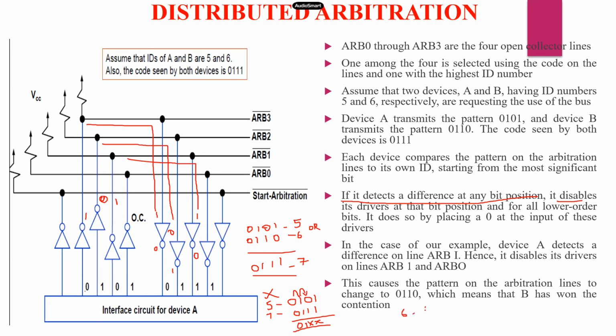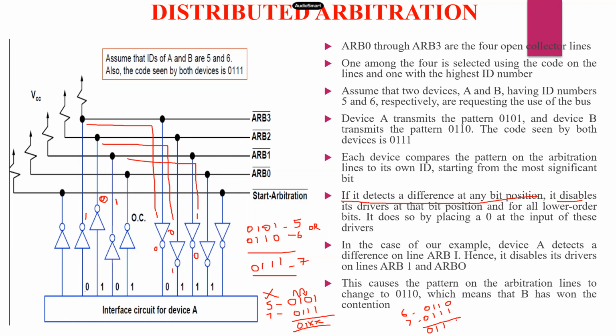The next one is 6, which is 0110, and 7, which is 0111. Comparing them, 0 and 0 are the same, 1 and 1 are the same, and 1 and 1 are the same.